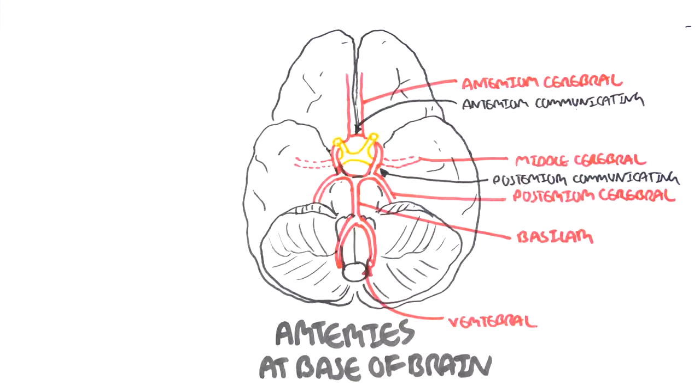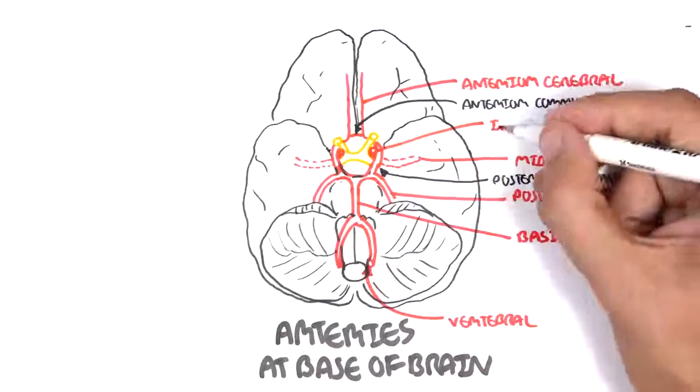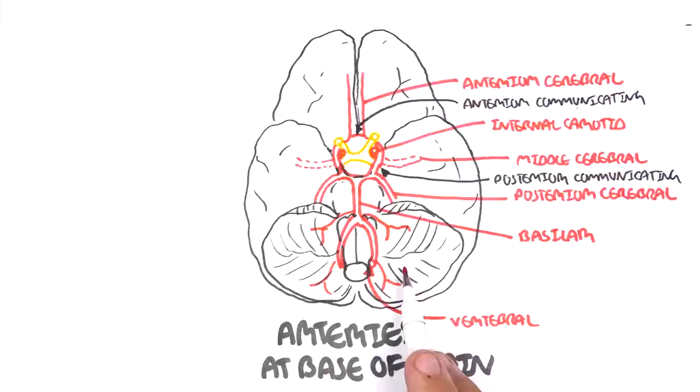There are another two important arteries that help form the circle of Willis, and these are the internal carotid arteries, which are branches of the common carotid artery. The middle cerebral artery is actually a branch of the internal carotid. The internal carotid does not give off any branches during its track from essentially the chest to the brain, middle of the brain.